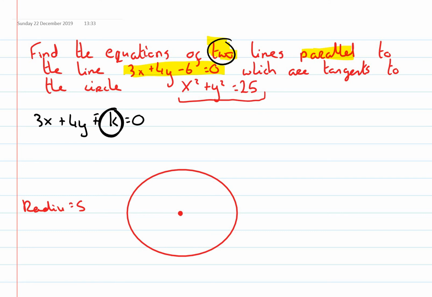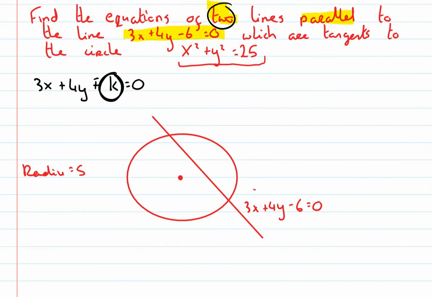We know there is a line. Let's just say it's here. And now the equation of that line is 3x plus 4y minus 6 equals 0. There are two lines then parallel to this line which make a tangent with that circle.